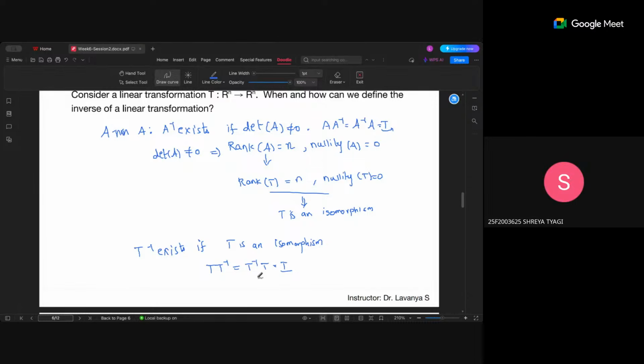And what is the matrix representation corresponding? How do we find T inverse? You don't have to find T inverse directly; find A inverse. So first, let's say that given T from Rn to Rn, how to find T inverse, assuming the determinant is non-zero?